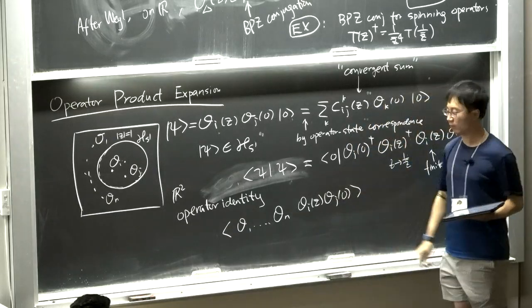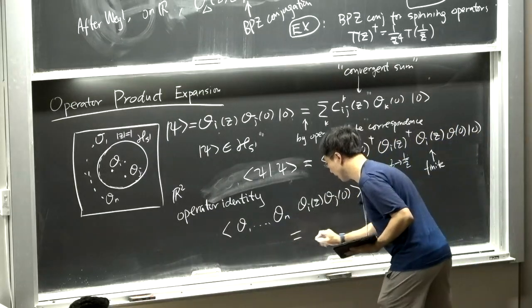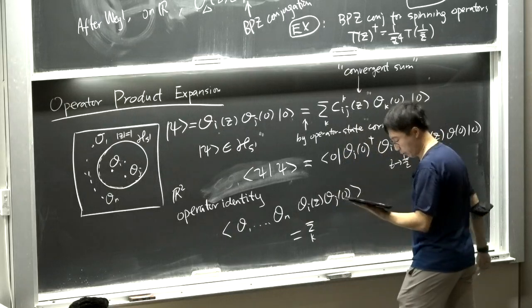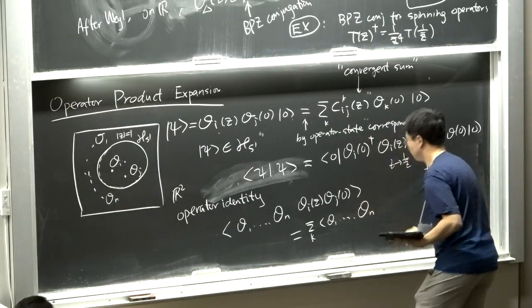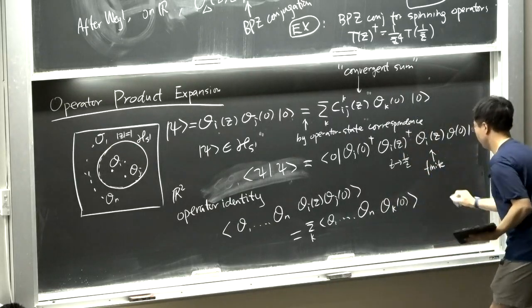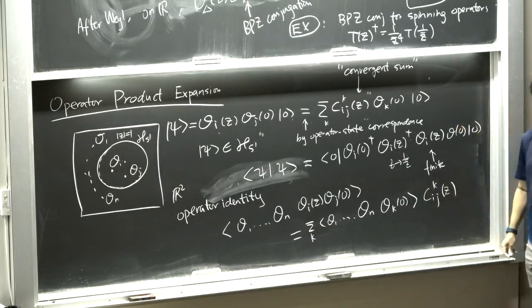This complicated correlation function that involves n plus 2 insertions can be reduced to correlation functions involving n plus 1 insertions using the operator equation that we just derived. Sum over ijk, and that has the z dependence.